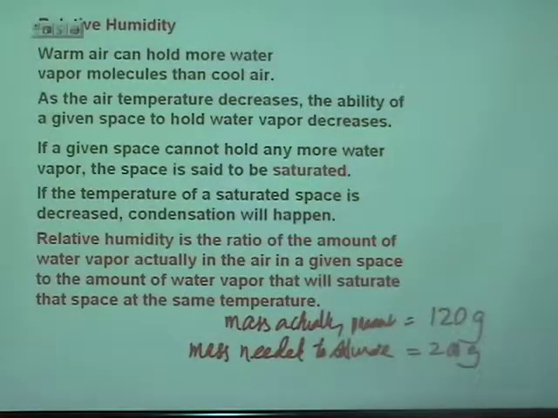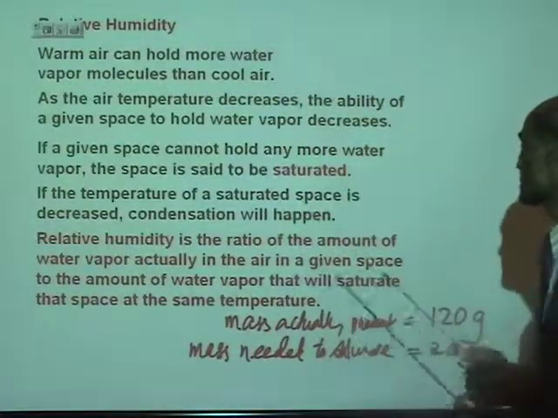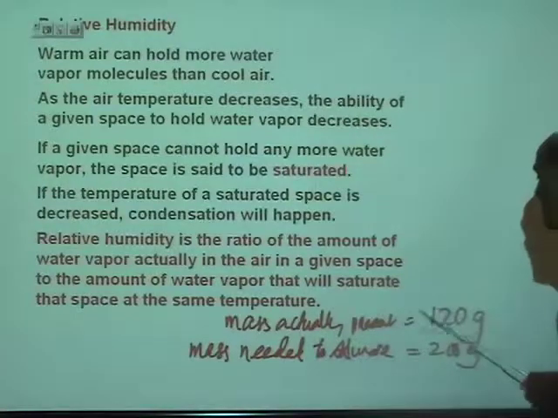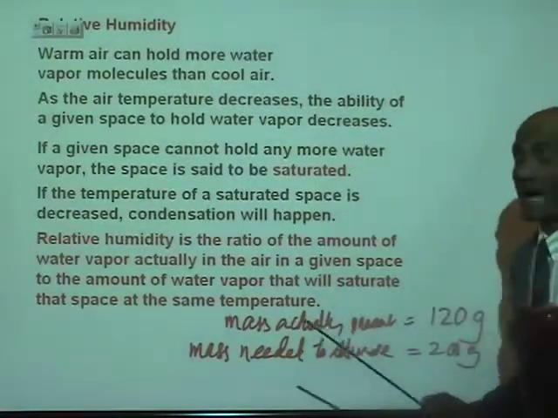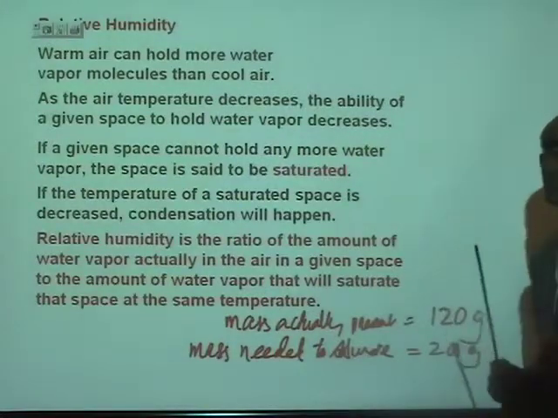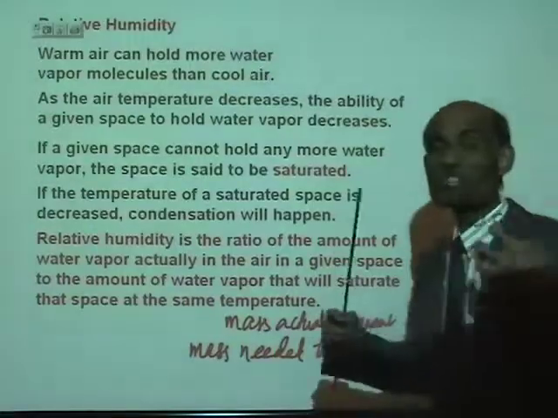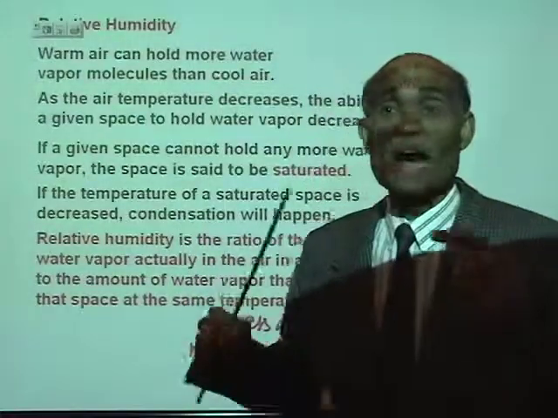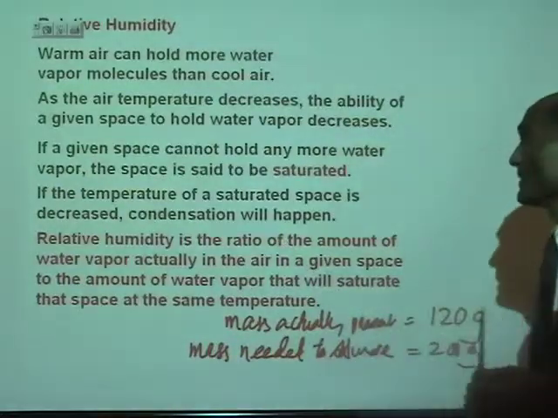And so, can you calculate the relative humidity of this room from these two figures? The mass of water vapor this room actually has now is 120 grams. And the mass of water vapor that will saturate this space at this present temperature is 200 grams.